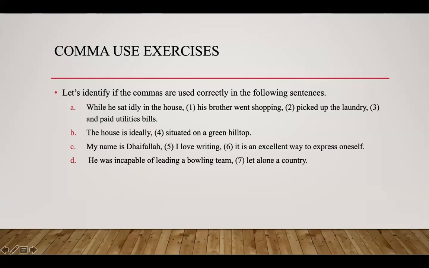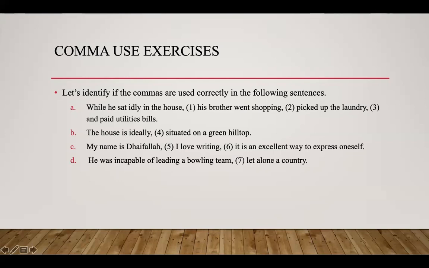Actually, both number 5 and number 6 are incorrect. And this is what we refer to by rule number 1: never end a sentence with a comma.